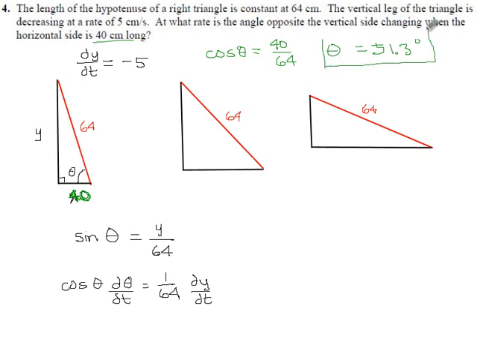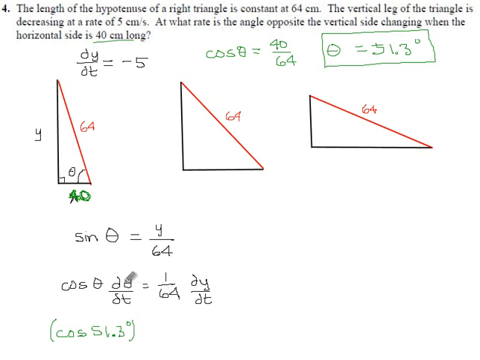You can do it in radians if you want, but I think this will be okay. So for our cosine theta, we're doing cosine 51.3 degrees. You can use that angle and put your calculator in degree mode, or you can find that angle in radians, whatever it is, and keep your calculator in radian mode.